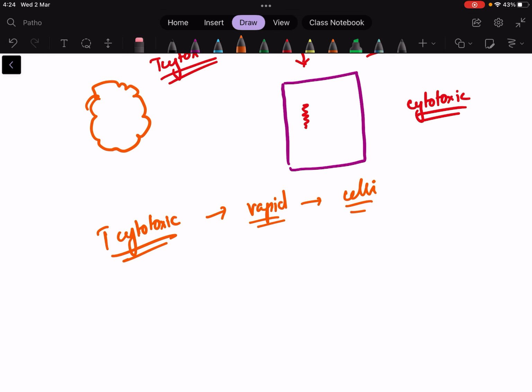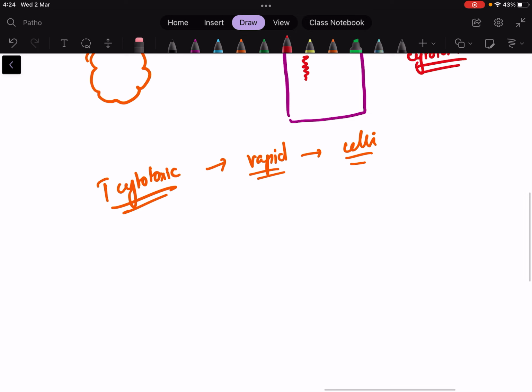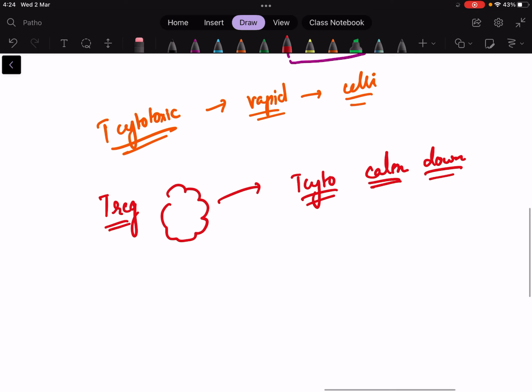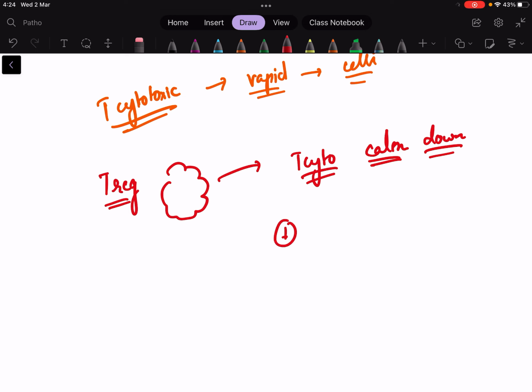If there is too much activation of your immune system, they will not only kill your virus infected cells, they will also kill your normal cells. So what God has given is T regulatory cells. These T regulatory cells will tell the T cytotoxic cells to calm down, and thus help in decreasing T cytotoxic activity. Okay, that is the function of your T regulatory cells.